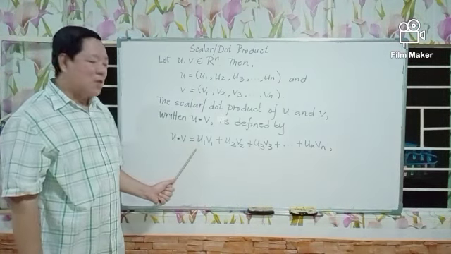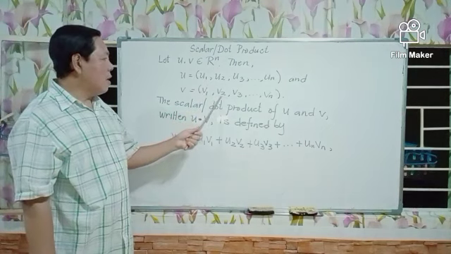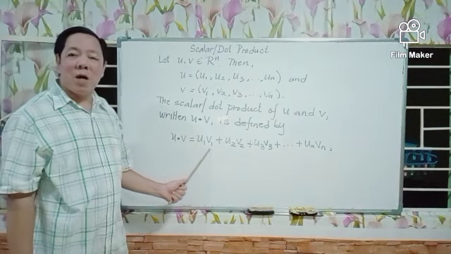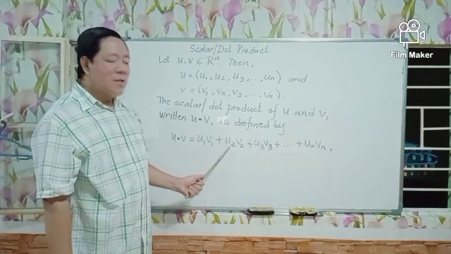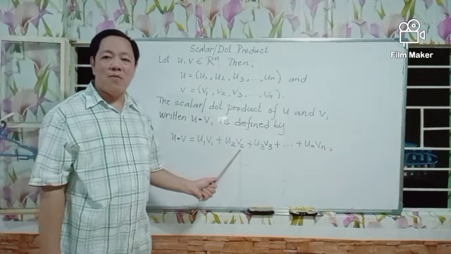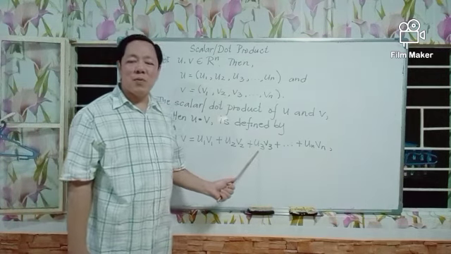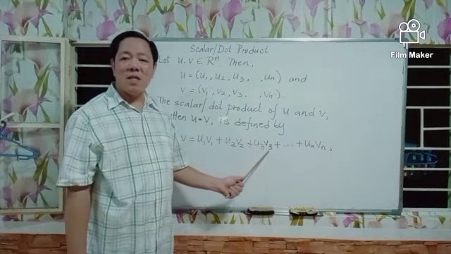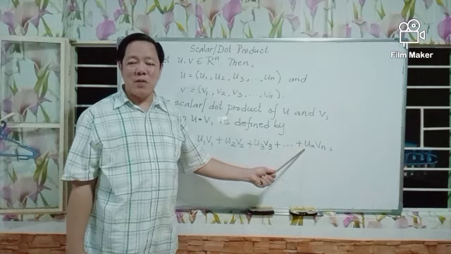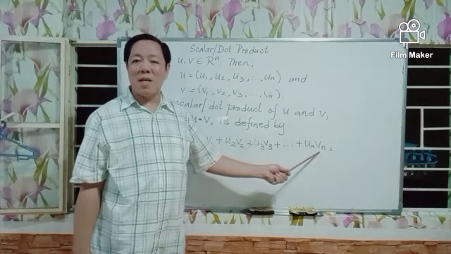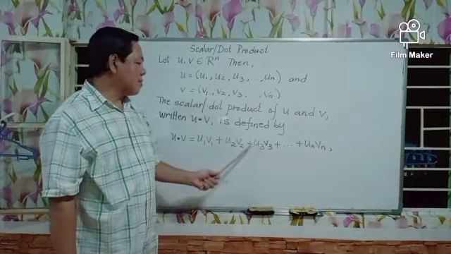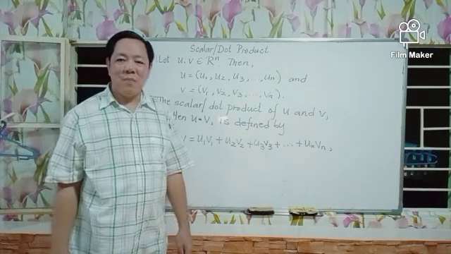And you can see from this equation that corresponding coordinates of u and v are multiplied. u1 is multiplied by the corresponding coordinate of v1, and the second coordinate of u is multiplied by the corresponding second coordinate of v, and the third coordinate of u is multiplied by the corresponding coordinate of v sub 3, up to the last coordinate u sub n, which is multiplied by the corresponding nth coordinate of v.